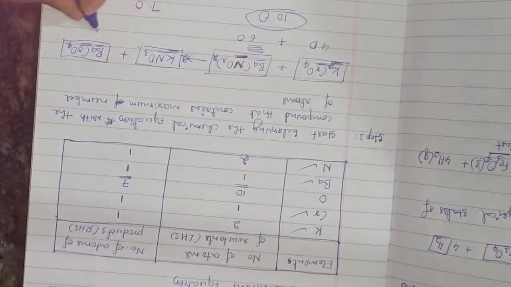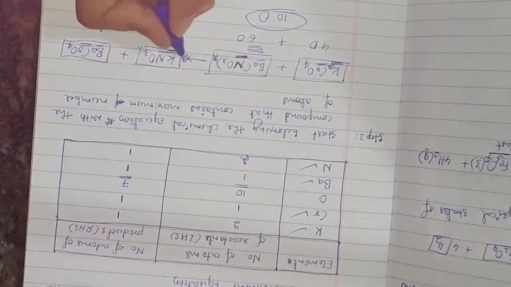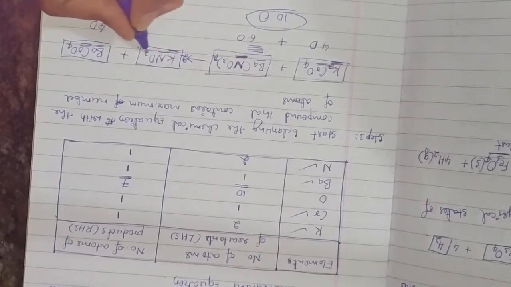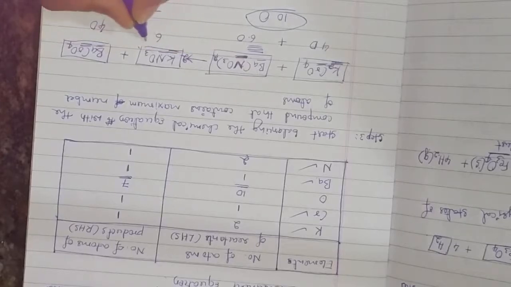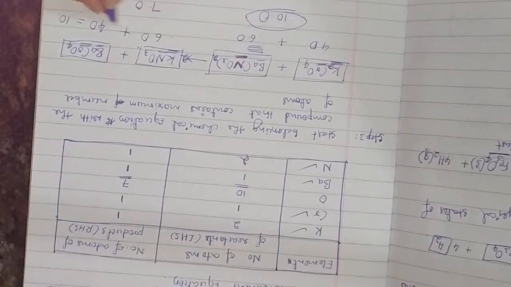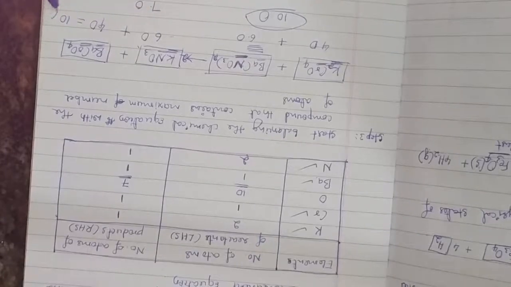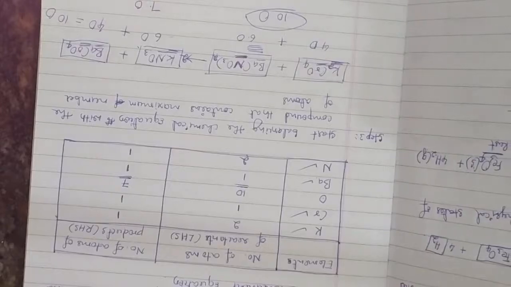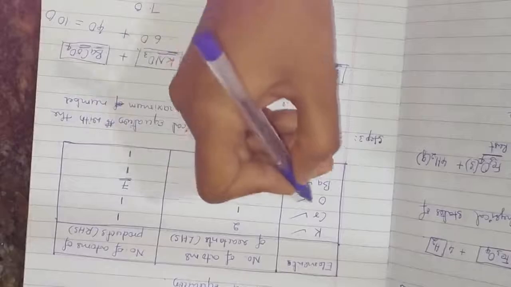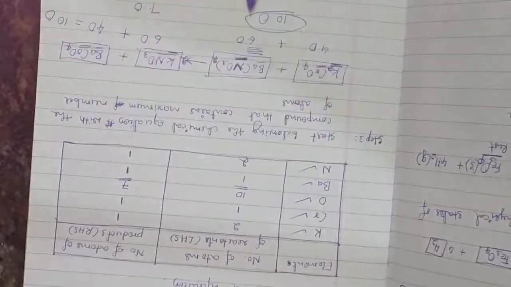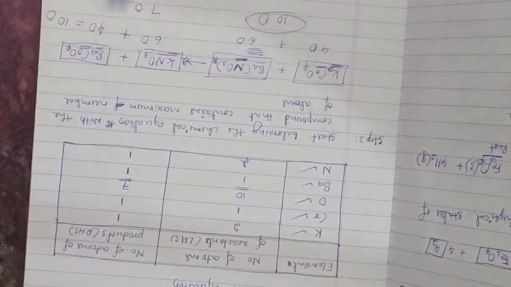Here 4 oxygen, here 3 into 2, 6 oxygen atoms. 6 plus 4 equals 10 oxygen atoms. So now oxygen atoms are also balanced, and this chemical equation is completely balanced.